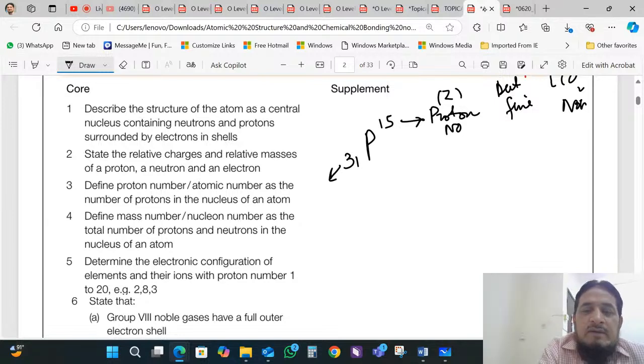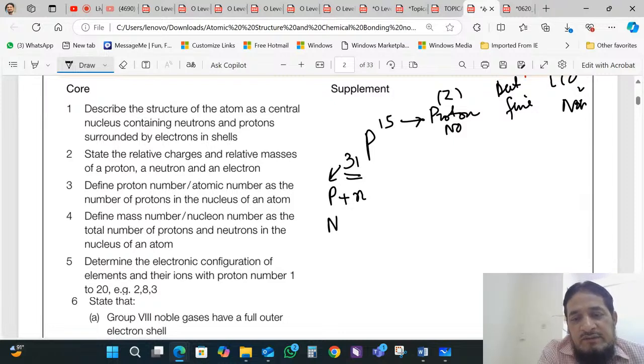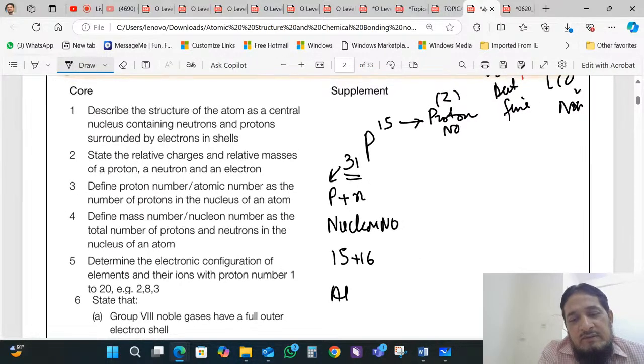The 31 is a combination of protons and neutrons. These two particles are present in the nucleus, so it is known as the nucleon number. The 31 is made of the protons, which are 15, plus 16 neutrons, and this is also known as the atomic mass.